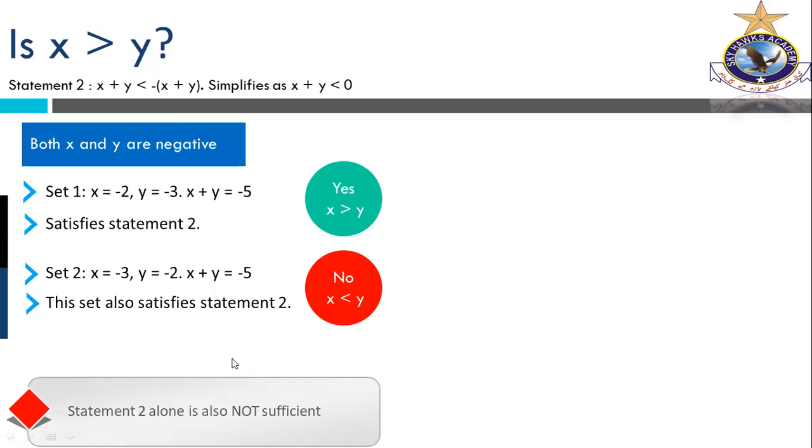So statement 2 alone is also not sufficient. We have concluded from these two sets of values, although these values satisfy the given statement, that one time we are getting yes and the other time no, so it's not sufficient.